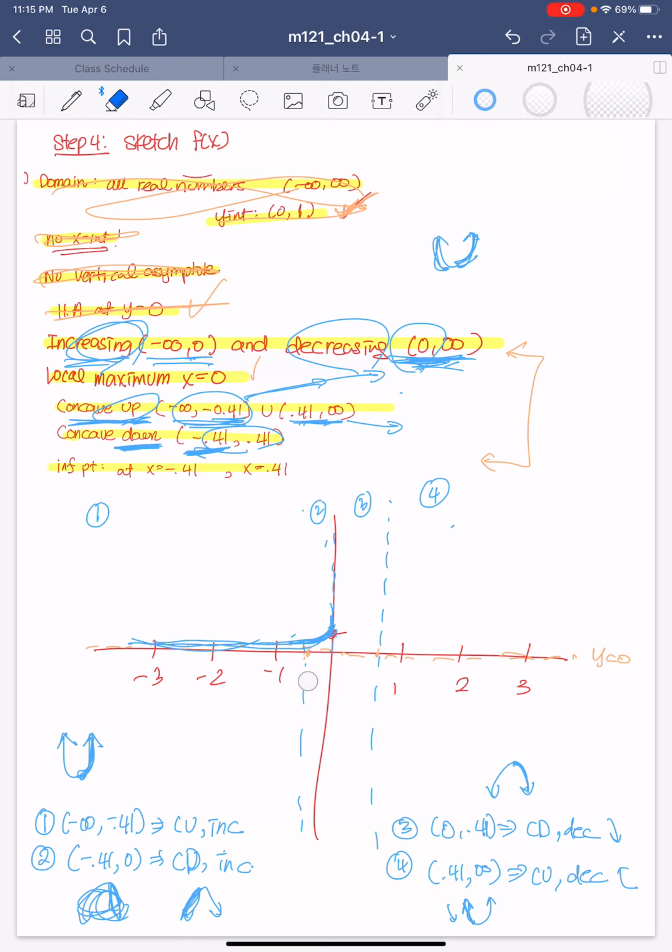Here, I have concave down, so I'm going to indicate this, and I know I have to go through this point here, and then continuing this shape, and then I cannot go past y equals 0, so it looks like I'm gonna go towards this one. So I kind of have a curve that looks like this, going through (0, 1).